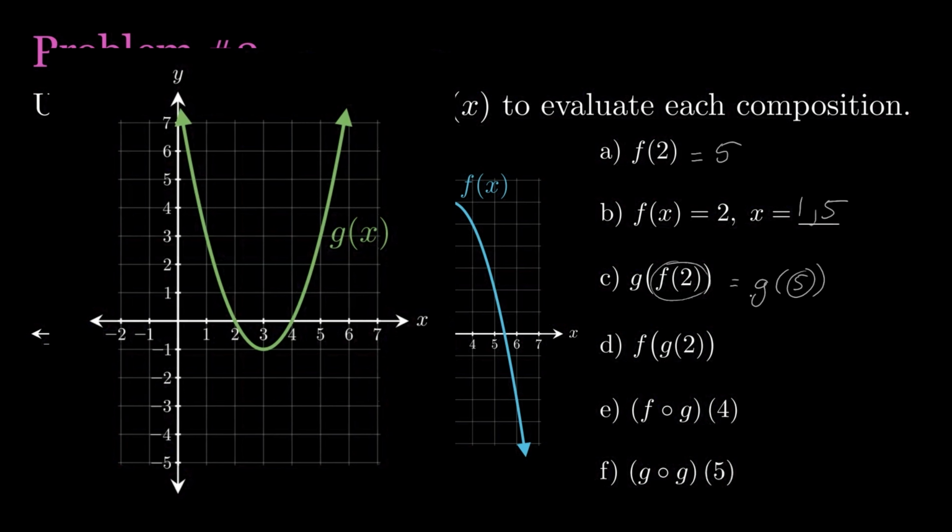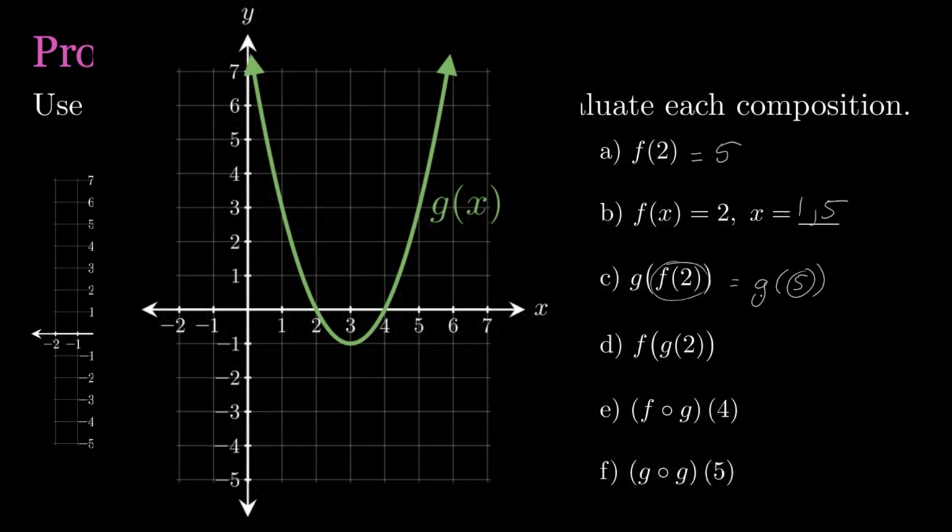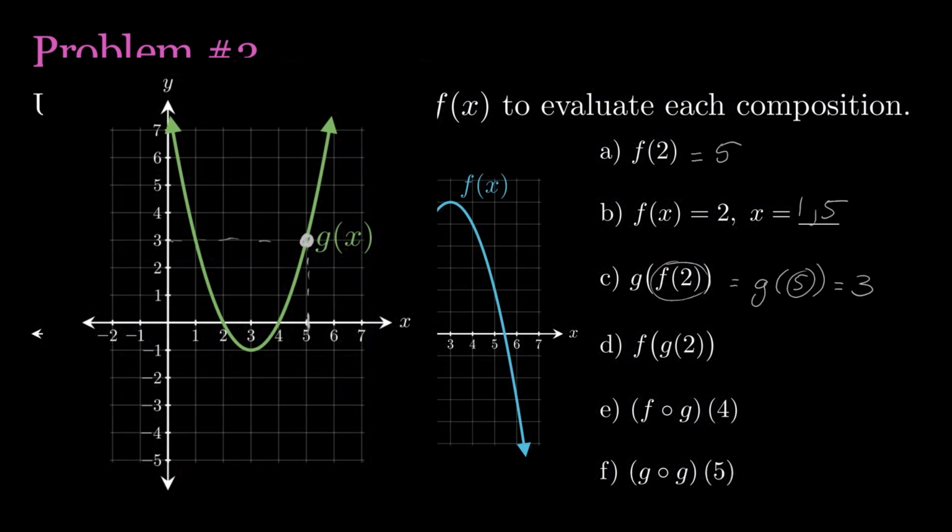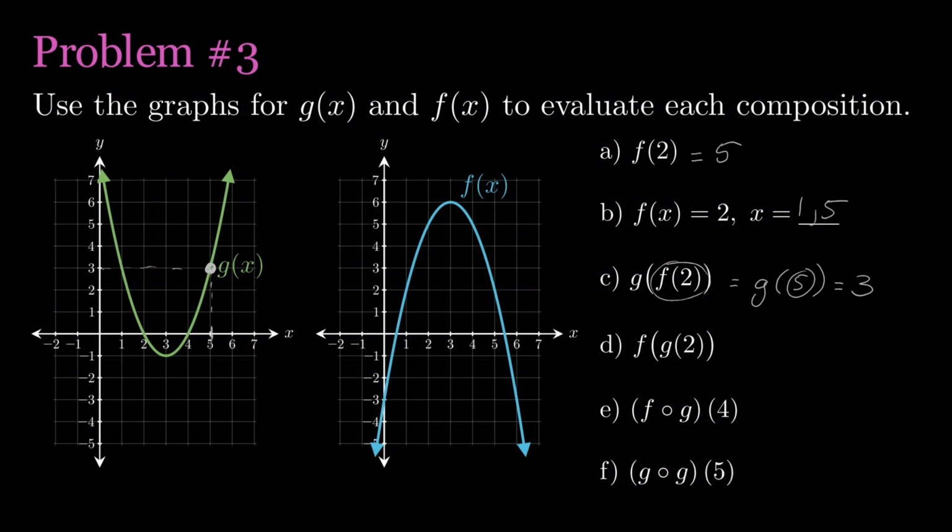So now we have to look at the graph for the function g that we have here on the left and find the y-coordinate of the point whose x-coordinate is 5. So that 5 is here, looks like it's that point, and its y-coordinate is 3. So that's the final answer for part C.